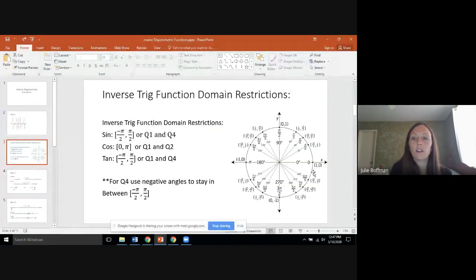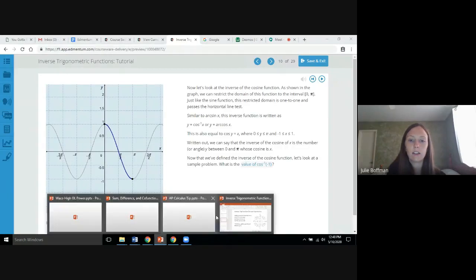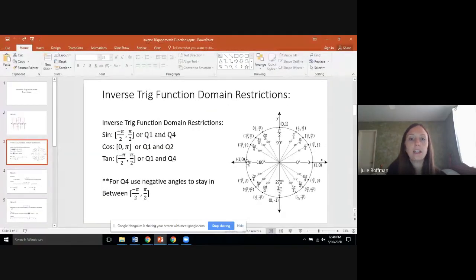If I'm on my unit circle and I go from 0 to pi, so no negative angles, I don't have to worry about going backwards. 0 to pi is just the first 2 quadrants. So that's why I put here cosine's restriction 0 to pi, or you could think about it as quadrant 1 and quadrant 2. So what angle from quadrant 1 to quadrant 2 has an x value of -1? Well, that would be right here at pi.